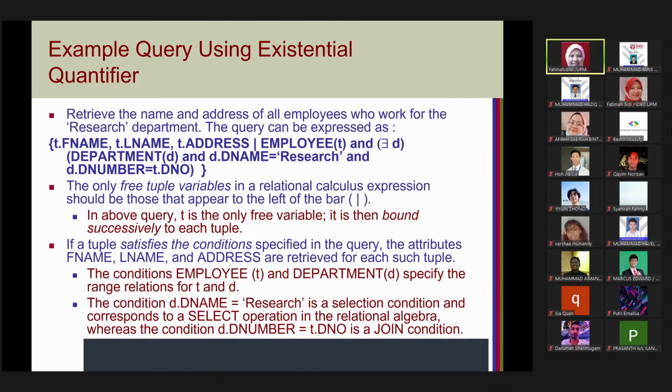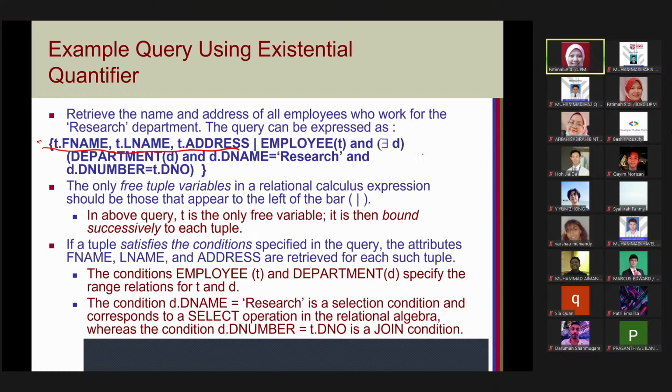So this is how we write the relational calculus for the existential quantifier. The only free tuple variables in a relational calculus expression should be those that appear to the left of the bar. So the free tuple is here.